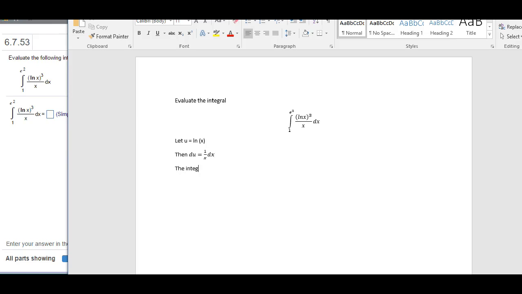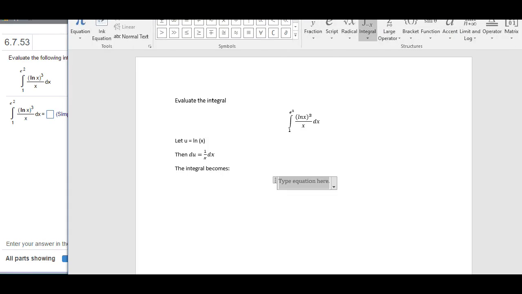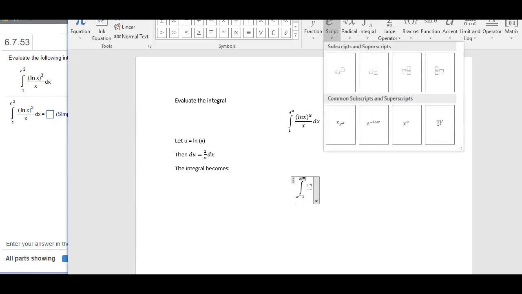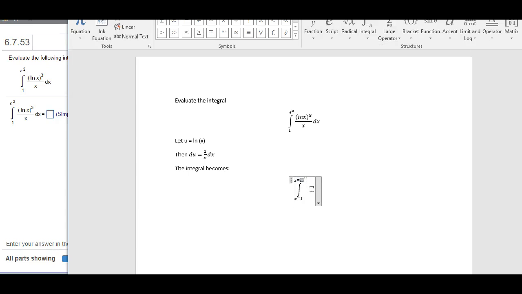So the integral then becomes, after the u substitution, an integral where I'm going to remind myself that these are x limits, so x equals 1 up to x equals e squared. And then I have just u cubed du.